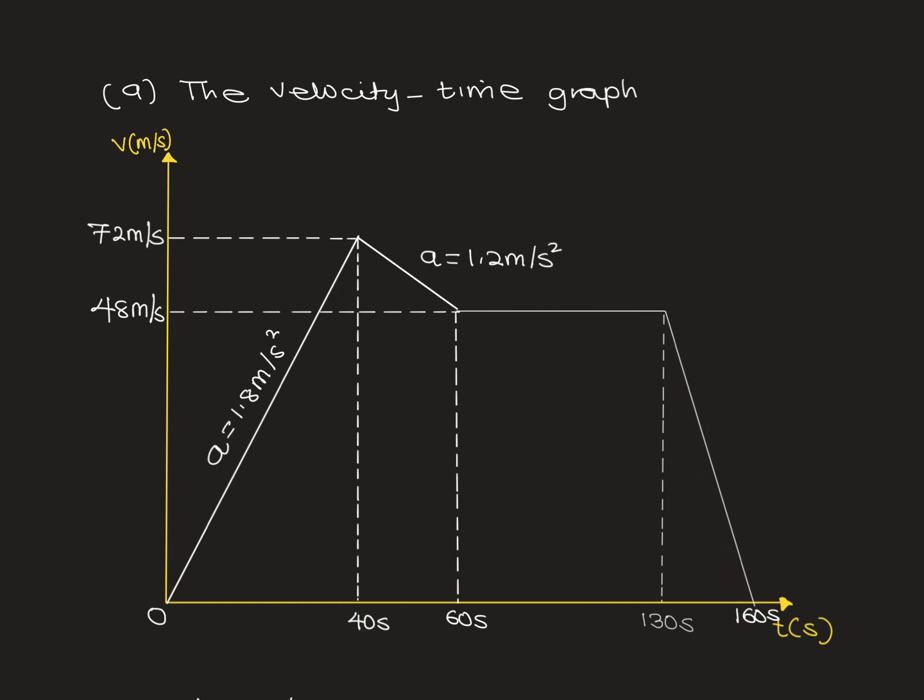This is the initial velocity corresponding to 48 meters per second, and this point is where it attains the final velocity corresponding to 0 meters per second. That is, the initial velocity is 48 meters per second, the final velocity is 0 meters per second, and the time interval there is 30 seconds.